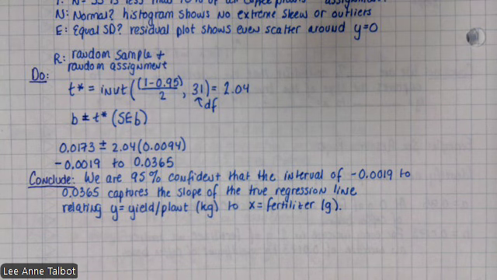Okay, that is the end of the writing. I just want to ask one more question. What if I were to ask you if there is convincing evidence that there was an association between fertilizer and yield for plants? Underneath this, I would say something like part b: does your interval provide convincing evidence of an association between yield per plant and fertilizer?